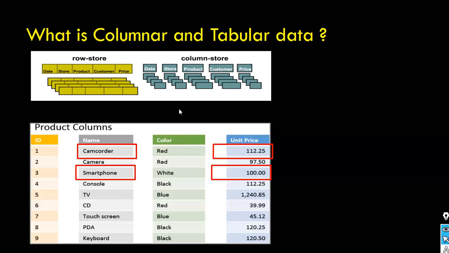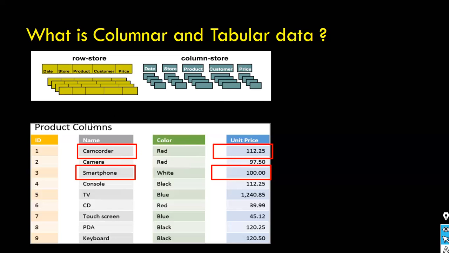That's the reason they store each and every column separately, so that if you want to see the product name, it will go directly there, and then scan the price directly. Only these 2 columns get selected, and it does the lookup there itself. For example, camcorder and smartphone unit price only, I just need to know.